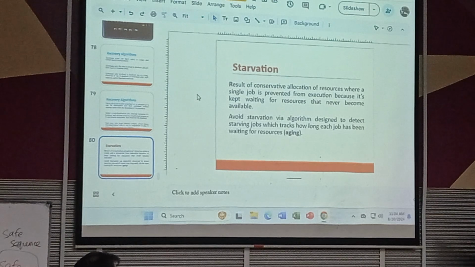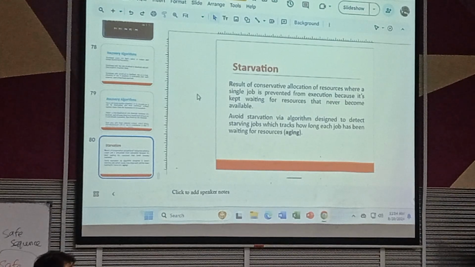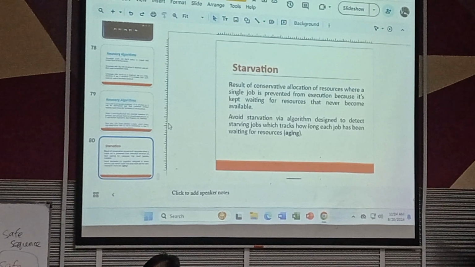Starvation is something that you cannot avoid by yourself, because it depends on how the program runs. But the operating system can help by giving priority to each one of them, and the more often they use the resources, the priority will age. Age means it will decline. So that's how you avoid, or prevent, starvation.